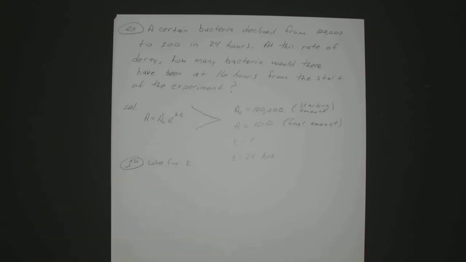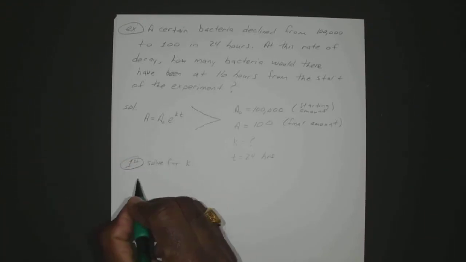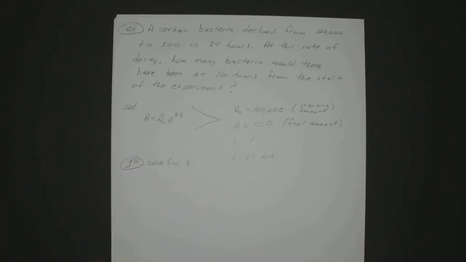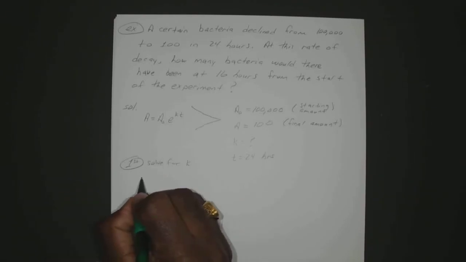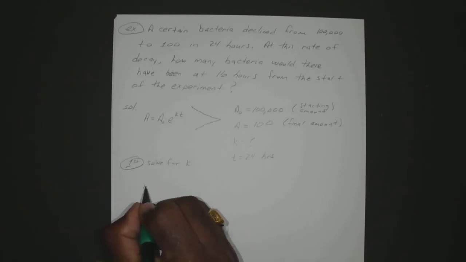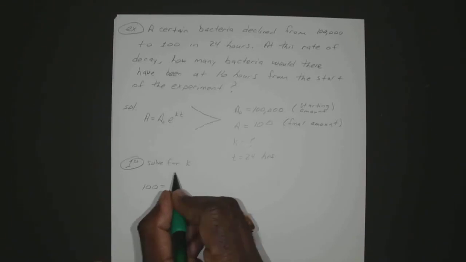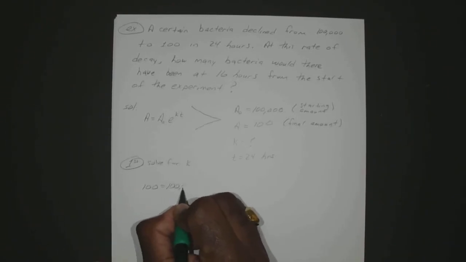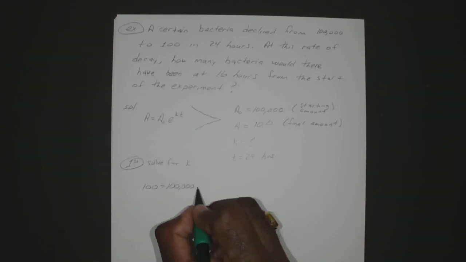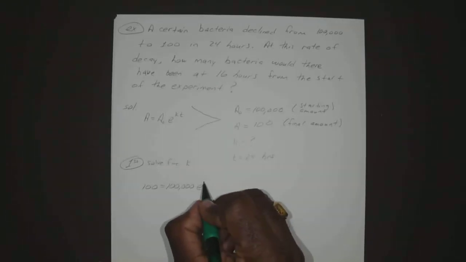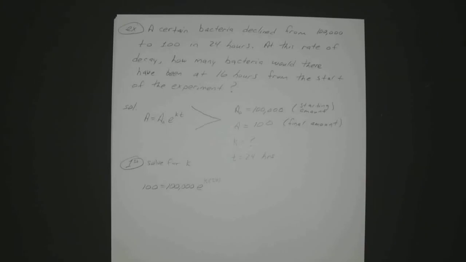All right, so if we solve for K, we have our A, which is 100, equals 100,000 times e to the K times 24, or 24K.